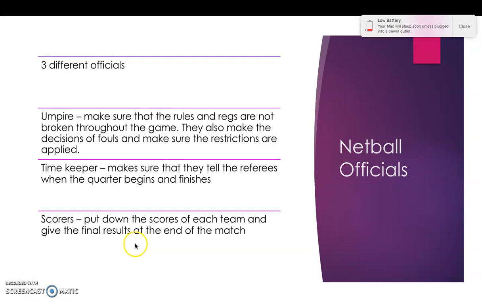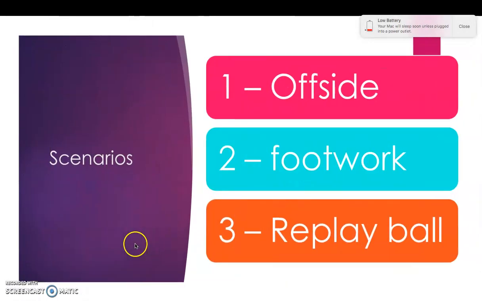So next I'm going to go on to three scenarios of netball which could occur in a netball game, and explain the process which would happen. So my first scenario is an offside foul being given. This scenario starts with the blue team's centre being in possession of the ball and is attacking in the opposition's defensive third.